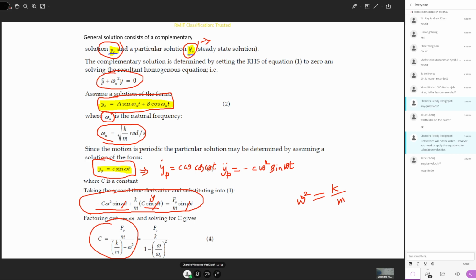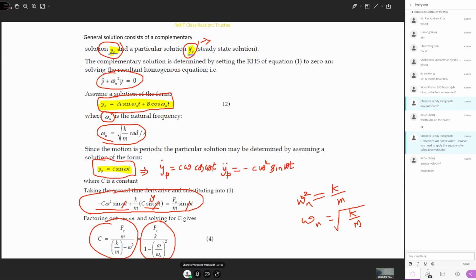So we know the natural frequency omega n is equal to the square root of k by m. So we can write the square of the natural frequency as k by m. So we replace k by m with omega n square. Then we have omega n square minus omega square. That we can further simplify and write in this form.